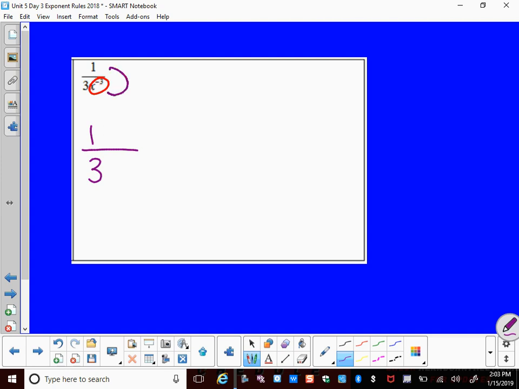This x to the power of negative 3 needs to move. I can move it to the top and it becomes what? X to the power of positive 3. Whenever we move it, we're moving it to make it positive. Okay?